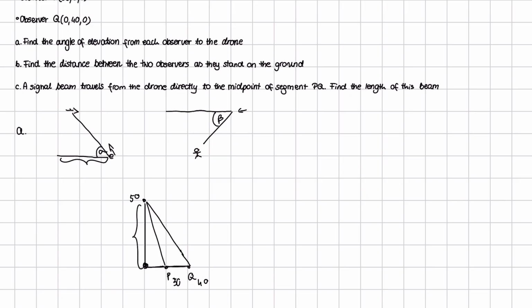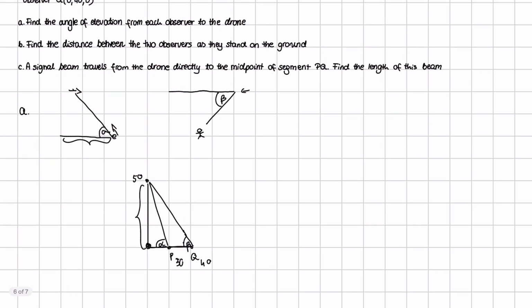So from this observer and from this, we have this distance 30, we have this distance 40. So now we can of course calculate the hypotenuse for each observer from the Pythagorean theorem.